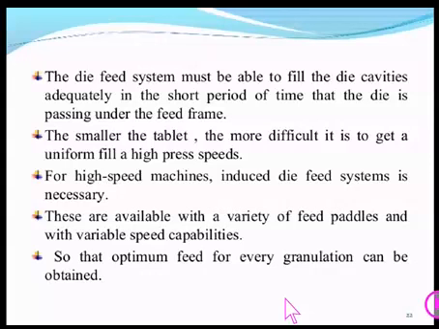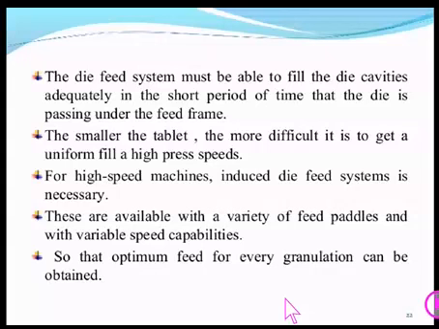So your granulation material has to be such that it should immediately get into the die cavity, so that it will get completely filled during that short period only. Otherwise, we have to reduce the speed, or we have to make changes in the granulation material as to meet the need. The smaller the tablet, the more difficult it is to get uniform fill, high press speed.